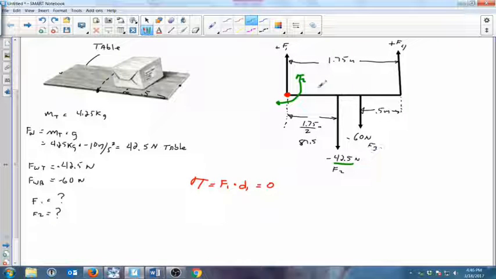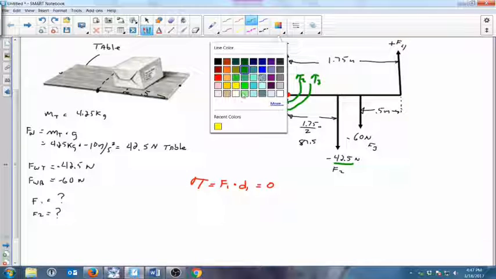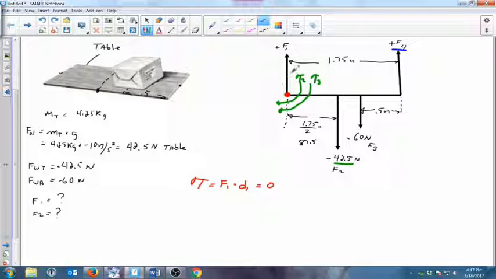And if this is F3, you can see he's trying to twist it in the same direction. We'll call him torque 3. And finally, the only guy that's stopping this from turning, since F1's out of the picture, is F4. We'll mark him in blue. F4 is the only guy, torque 4, that's trying not to turn it.